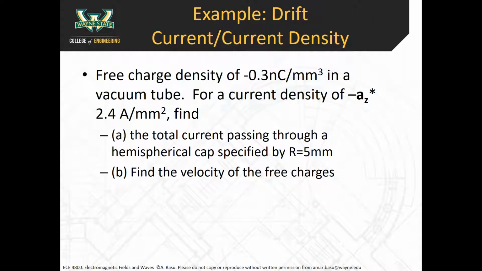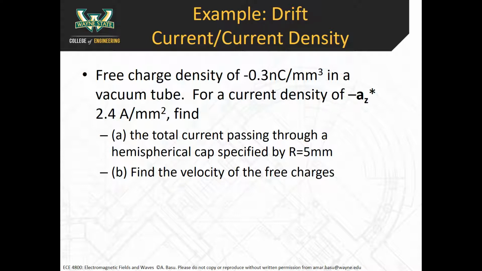So, I would like to do one problem here where we calculate drift current or current density. This is a tricky problem that I would like to try just so you know how to address these types of problems.